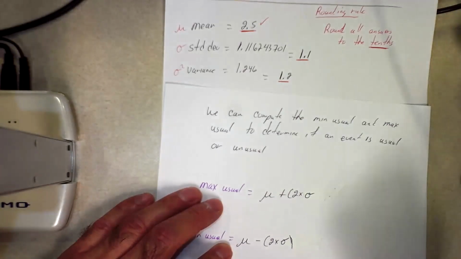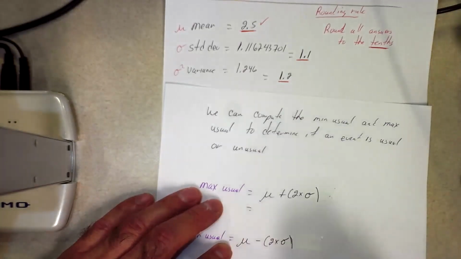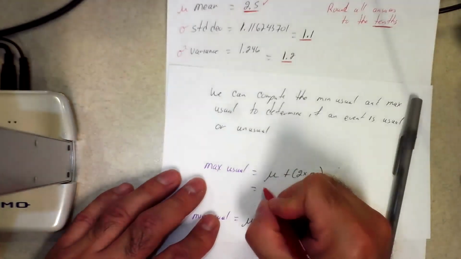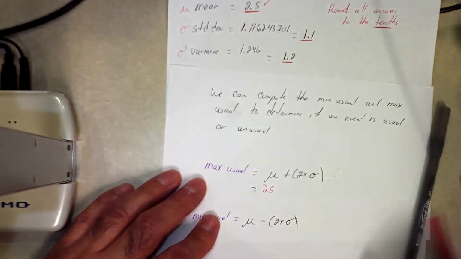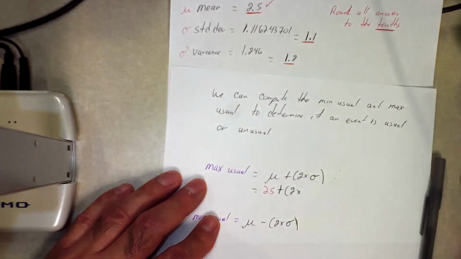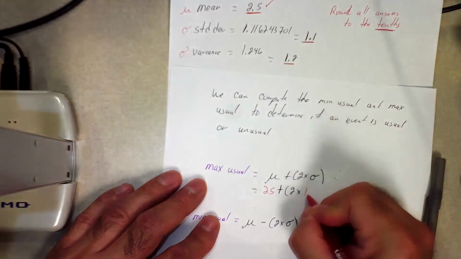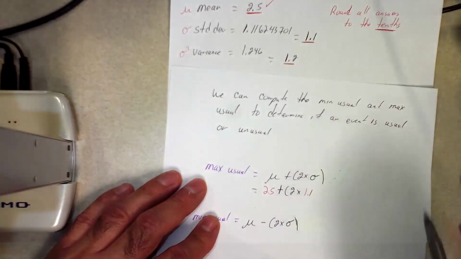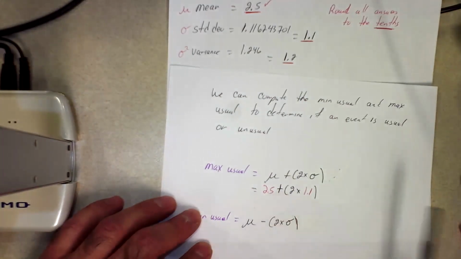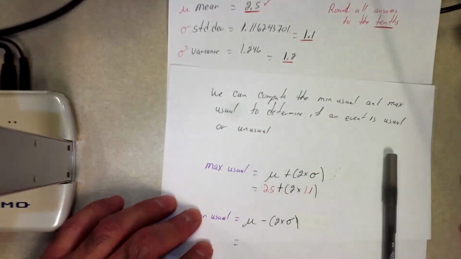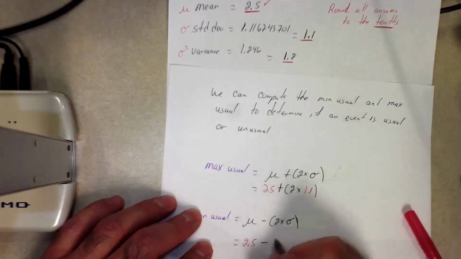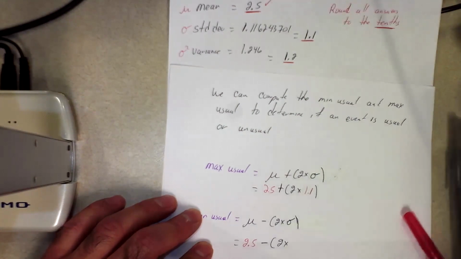Okay, so let's plug it in. So my mean was 2.5. There's my mean, 2.5, plus 2 times my standard deviation, which was 1.1. The other formula is the same, except instead of a plus, I'm going to put a minus. So this should be 2.5 minus 2 times 1.1.